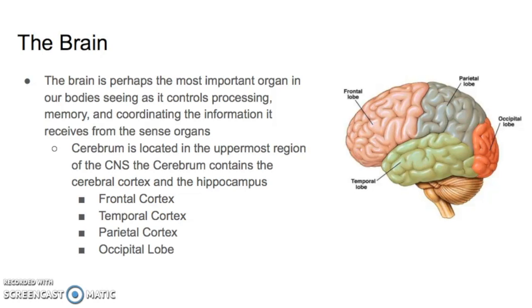The parietal cortex processes sensory information like spatial awareness and temperature. We use it to gain a spatial sense and navigate. The occipital lobe is dedicated to processing what we see, and it is sometimes called the visual processing center. Each lobe can be seen in the diagram on the right.